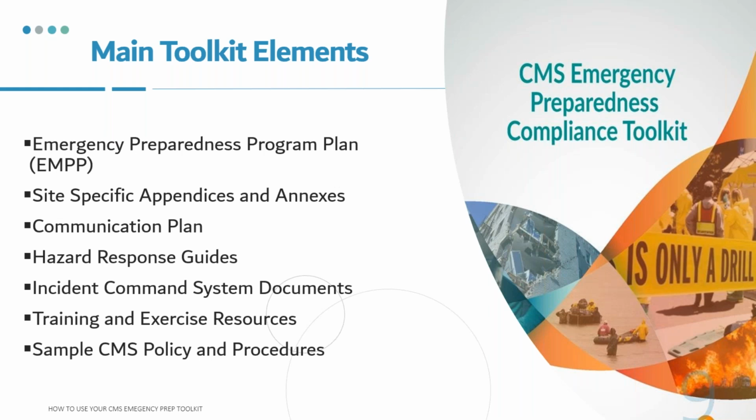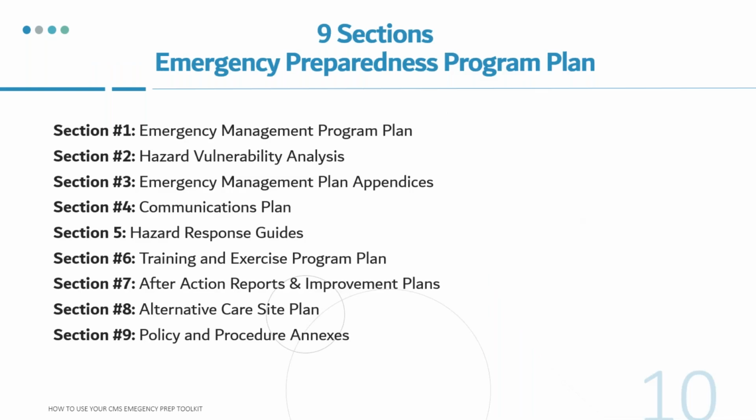So all of these are essential elements of your program, and they are all different. So it is a lot of elements, but they all have very specific purposes. Okay, again, there's 9 main sections of the toolkit. And again, every section has a very specific purpose. So you'll see 9 there. And again, that kind of matches up with what we just talked about.